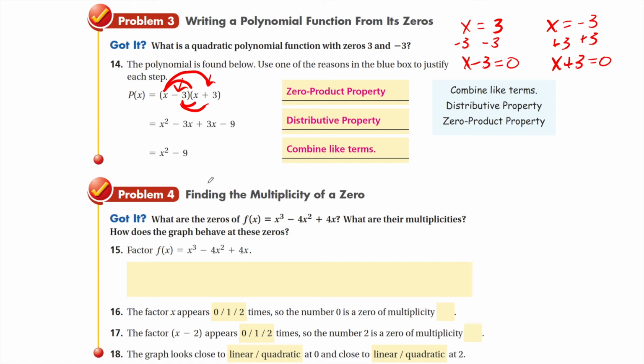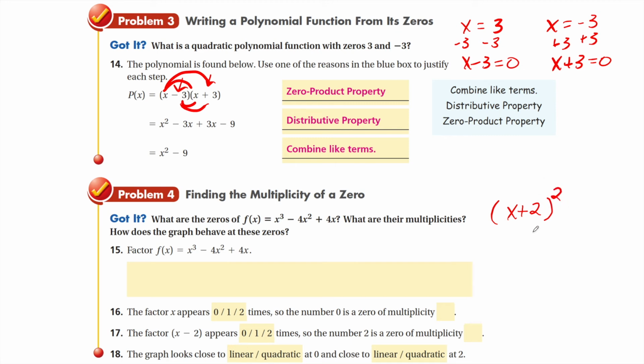Problem number 4. Finding the multiplicity of a 0. What are the zeros of f of x equals x cubed minus 4x squared plus 4x? What are their multiplicities? And how does the graph behave at these zeros? Well, essentially, multiplicity means that we need to have a certain situation where some of these answers will happen multiple times, meaning we might end with an x plus 2 squared.